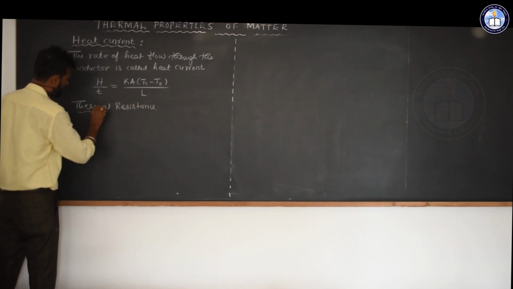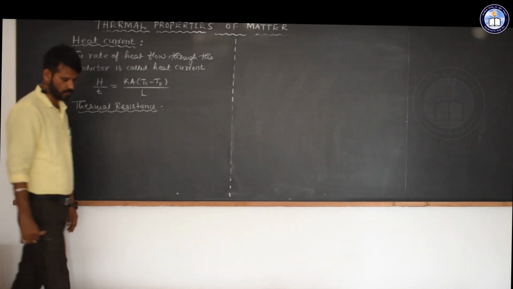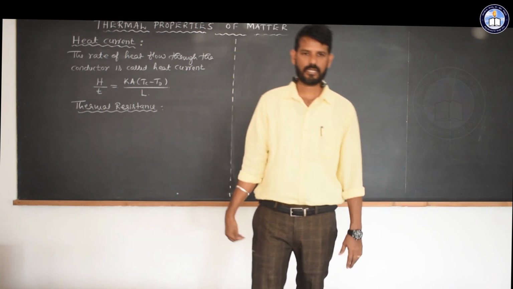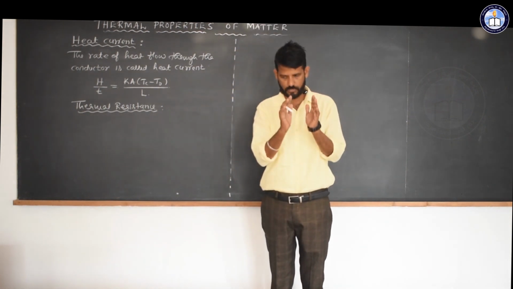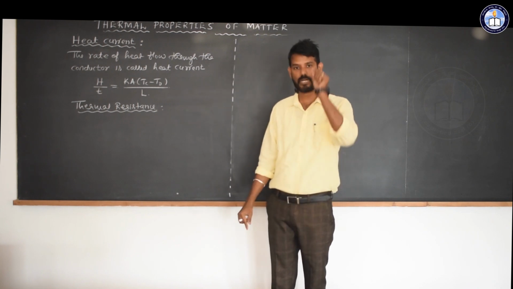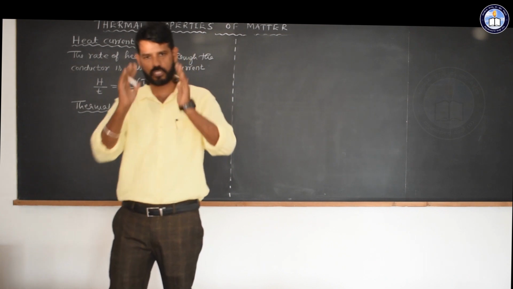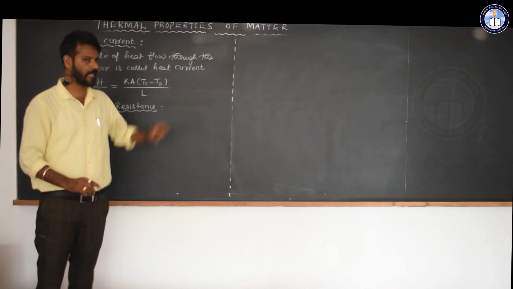Now it is a similar way to what we studied in current concept, where we have electric current, electrical resistance, all that concept we are studying. Similarly here we have thermal resistance. Resistance is actually the opposition here. Now the heat flows through the conductor.